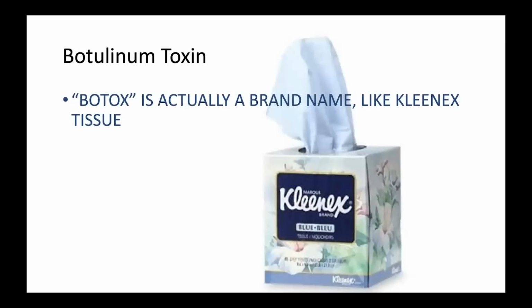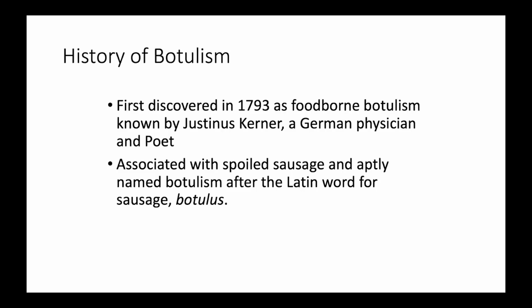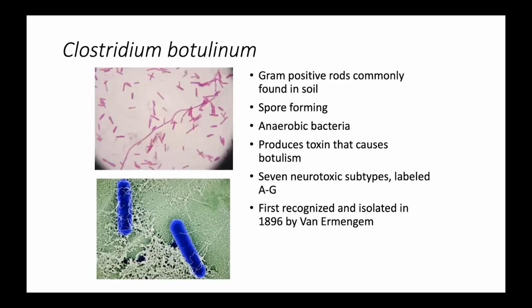So Botox is actually a brand name. It's just like Kleenex for facial tissue. It was initially discovered in 1793 as foodborne botulism. It was associated with spoilage of sausage and named botulism after the Latin word for sausage, or botulus. So it comes from a gram-positive rod.